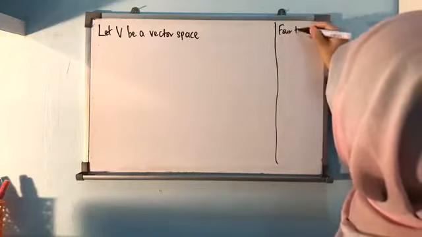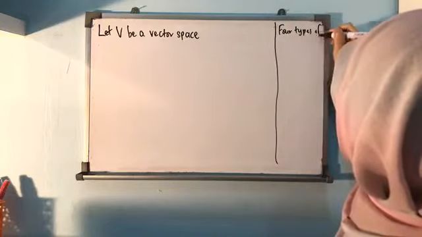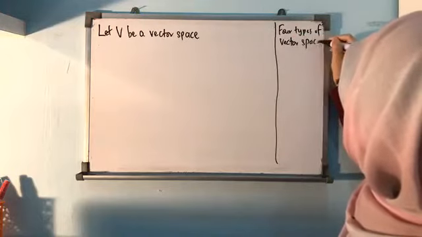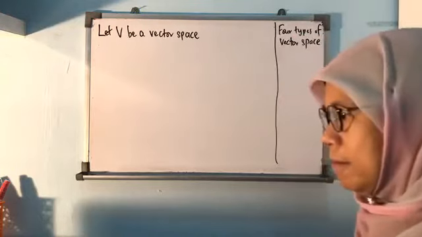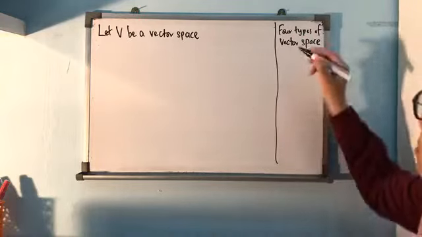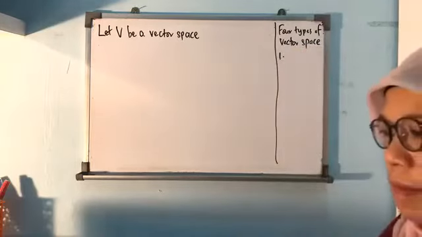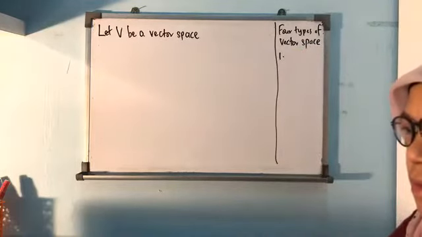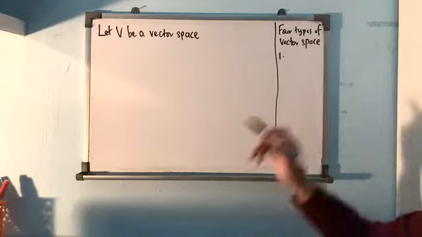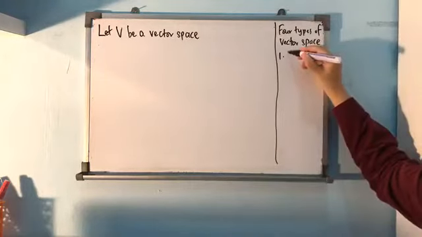4 types of vector space. Okay. First one is Rn.